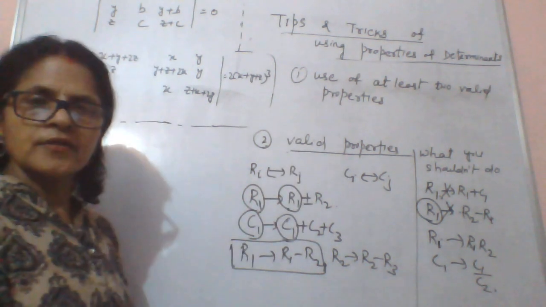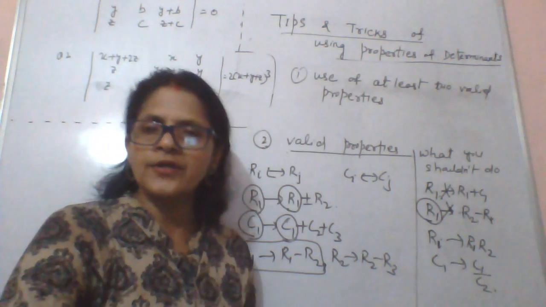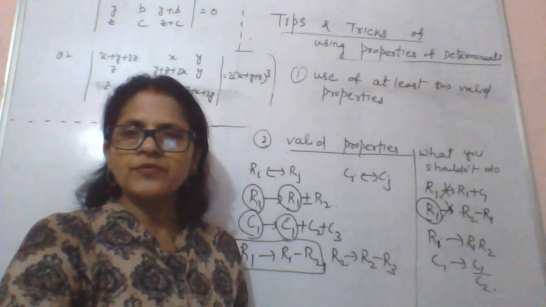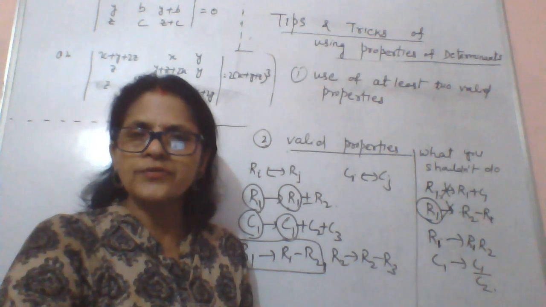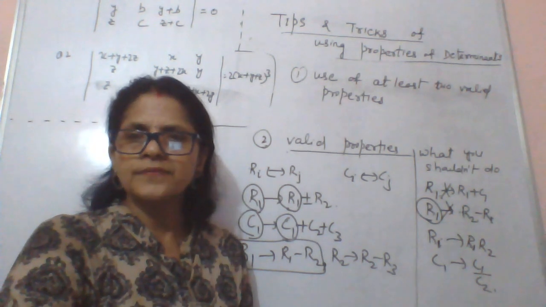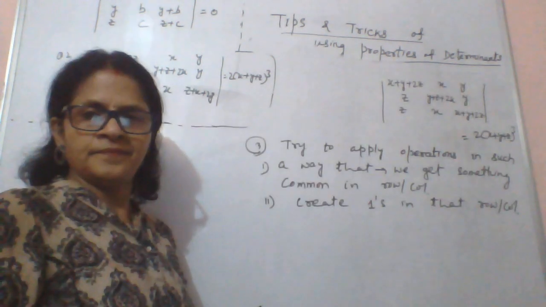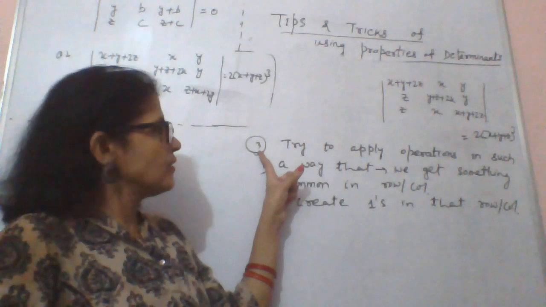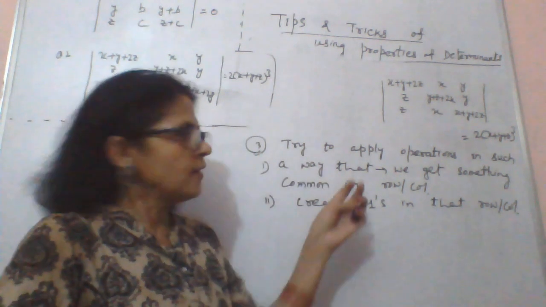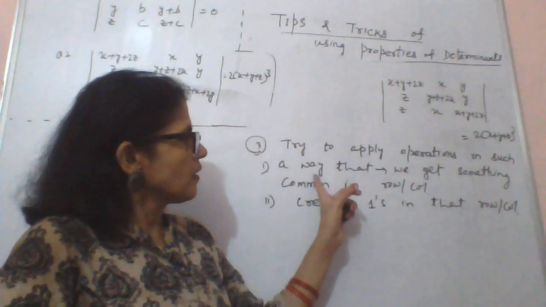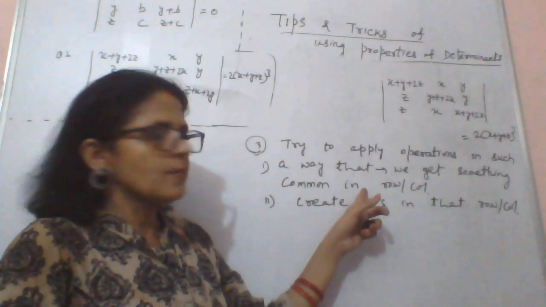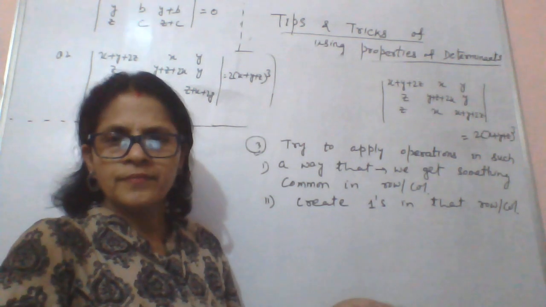Third trick, let me tell you, I will take one example also, so what we should do there and how to really solve the question. So our third trick is, try to apply operations in such a way that we get something common in a row or column.